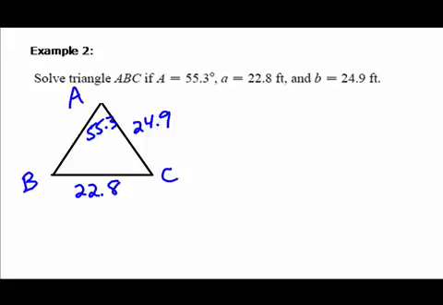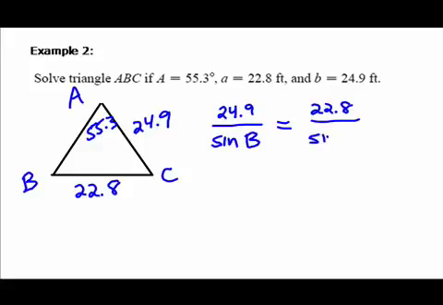So we can begin this problem by finding angle B, right? So we'll say 24.9 over the sine of B is the same thing as 22.8 over the sine of 55.3. Correct? Right? This is how we all started this problem.